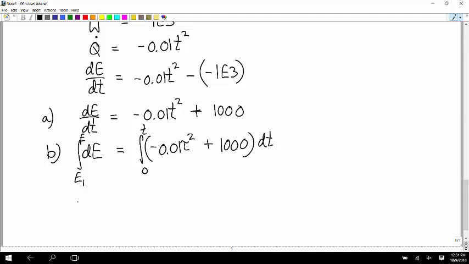And so here you get E minus E1 is equal to negative 0.003 repeating T cubed plus 1,000 T.